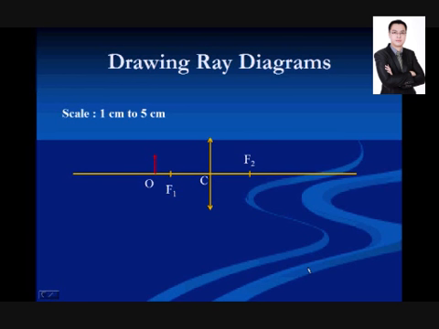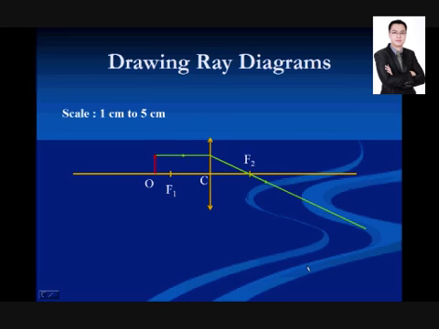First ray will start usually from the tip of the object, parallel to the principal axis, and once you touch the center of the lens, you will deviate down and cut through point f2 on the other side of the lens. So this is the first ray.